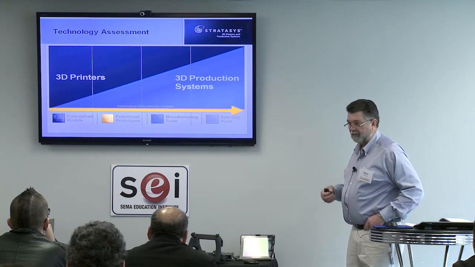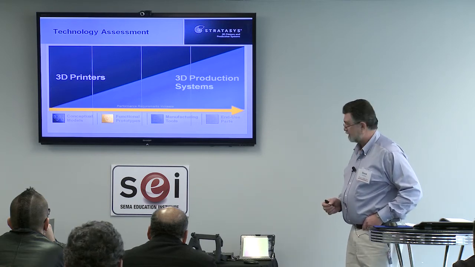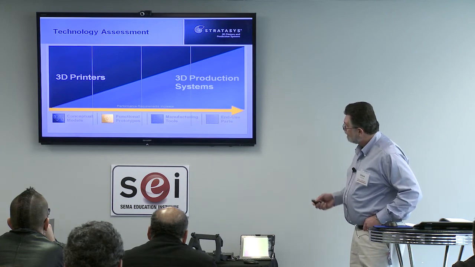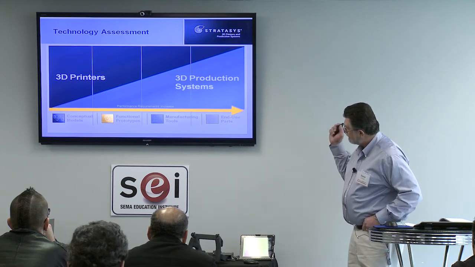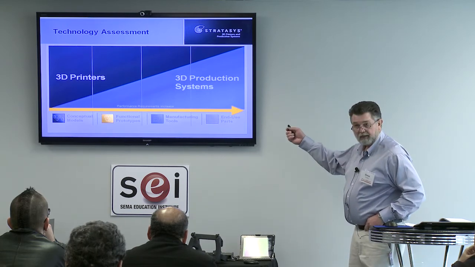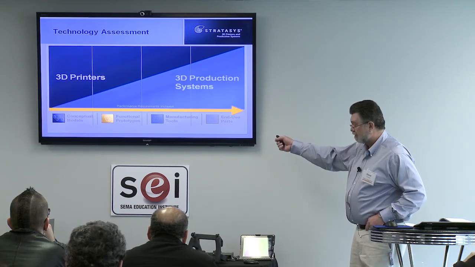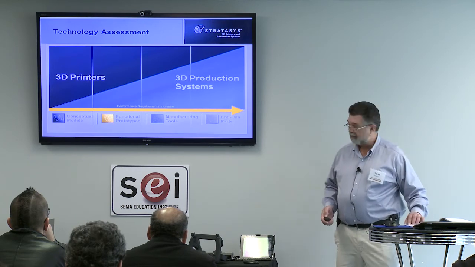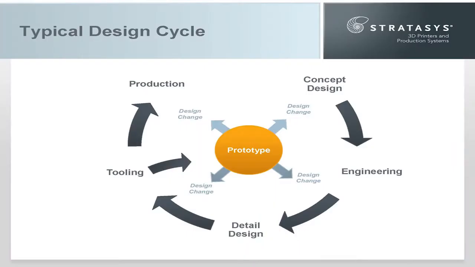We can get the polycarbonates, the Ultems, the polyphenylsulfone. So the 3D production systems work great across all applications too, but they excel more in manufacturing tools and higher in the end-use parts.